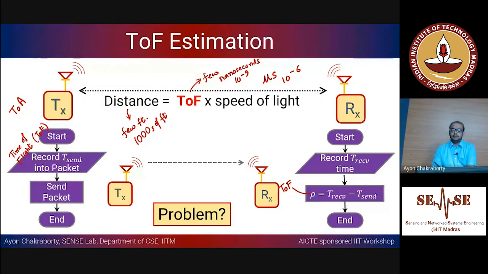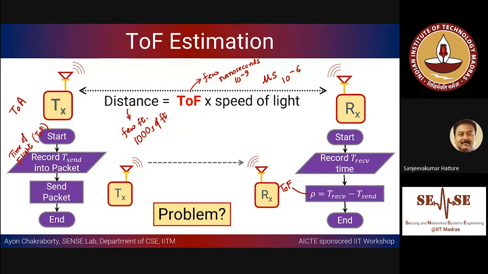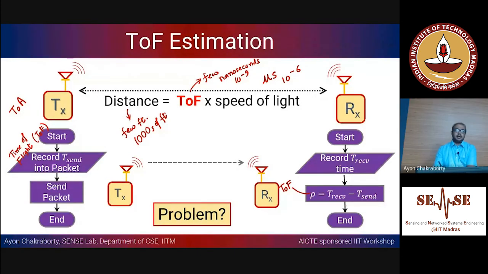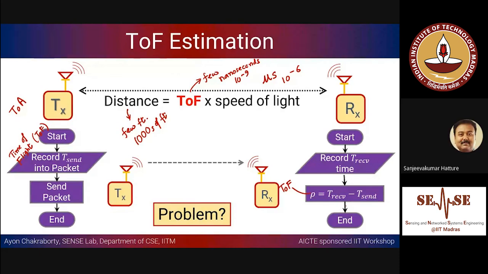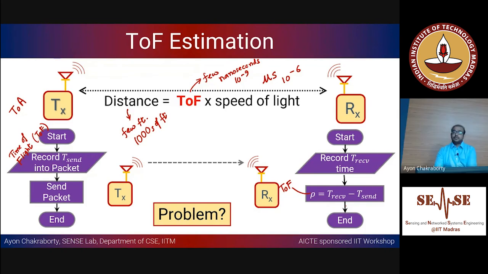What kind of noise, though? Like, say, the noise which occurs in the medium. But why do you think medium noise is going to affect the timestamp? Because it is an obstacle for the signals which traverse that medium. So what might happen is that you don't receive the packet at all.